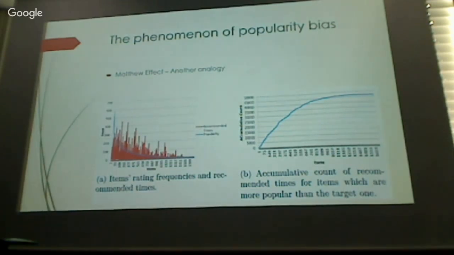As you can see, the line goes up, which means that for those items that are popular, the recommended times is the same, whereas for the items that are less popular, the accumulative count is different. So at the head of the line, no matter how popular the item is, they get approximately the same recommended times.